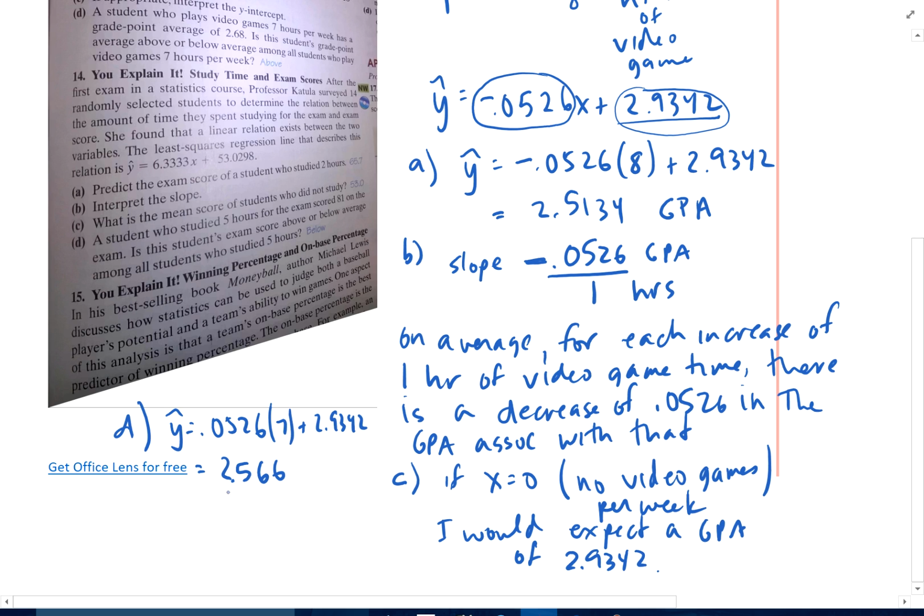So this is what I'm predicting from my data, GPA, and this is what he has. So his GPA is above what we would expect. This is a little misleading because they're saying, is it above all of them who play? Well, we don't know for sure. We just know that this is what we would expect them to get, right? So there we go. All right.